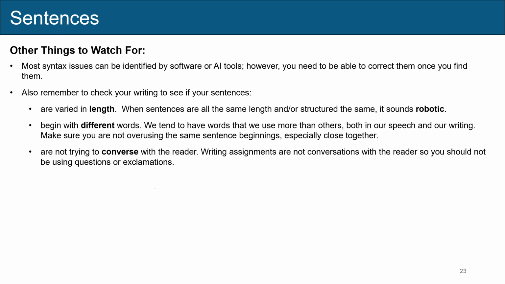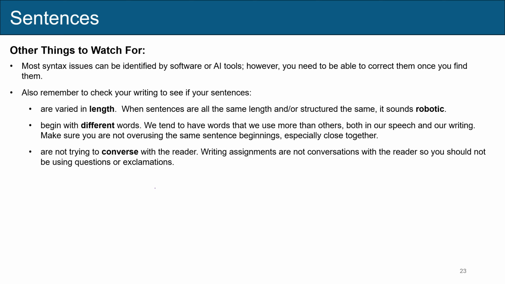You also want to make sure that your sentences have varied lengths. When sentences are all the same length, they tend to read as if a robot wrote them. And so it doesn't help the reader keep interested and engaged in what they are reading. Also, watch out for the words that you start sentences with.